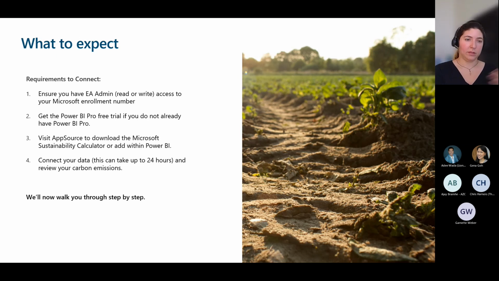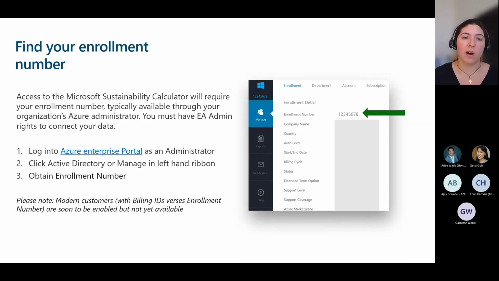So, okay. Now that all of this is clear on what you can expect when you want to set up the calculator, the very first thing you're going to do, if you are that admin, is go into your Azure Enterprise portal and get that enrollment number.